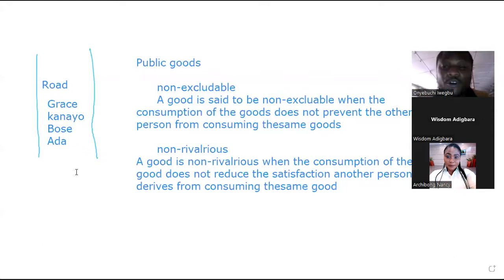It is also rivalrous. How is it rivalrous? As I'm consuming this good, the benefit I derive from consuming it will affect the benefit another person derives from consuming it.